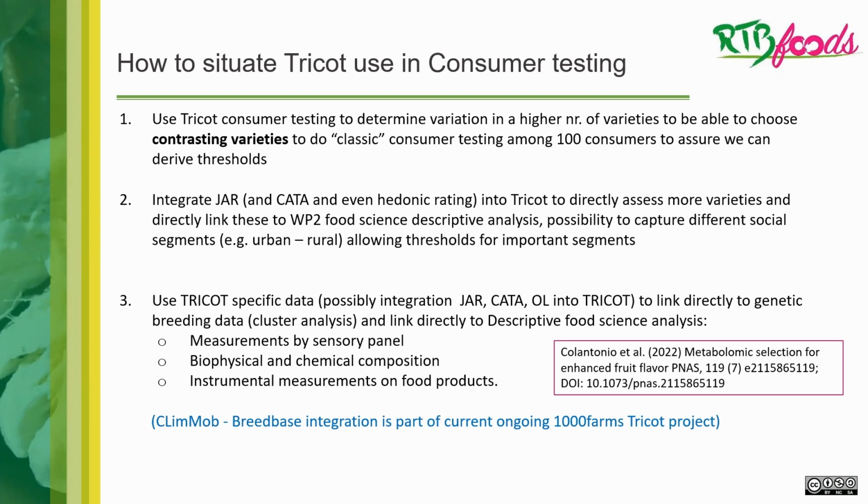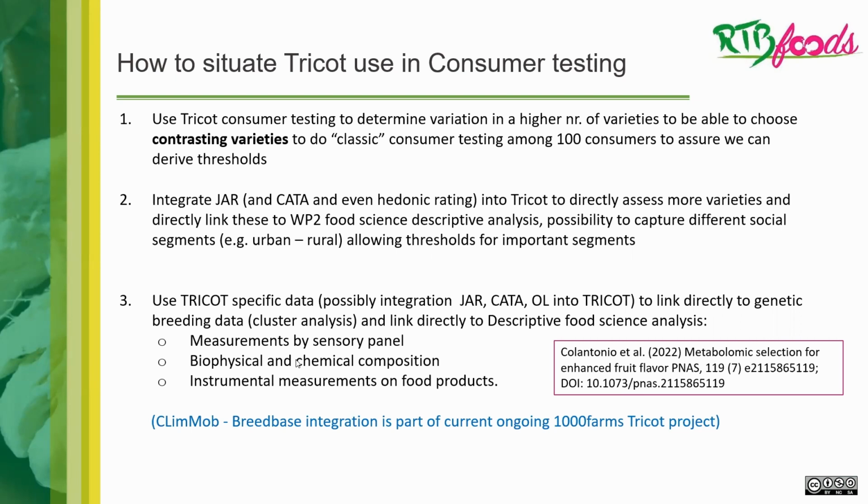And I've cited here a paper where they link several consumer testings. They didn't do TRICOT, but they did I think 12 varieties, just in packages of 4. They went to similar communities and did consumer testing with 12 varieties in batches of 4.